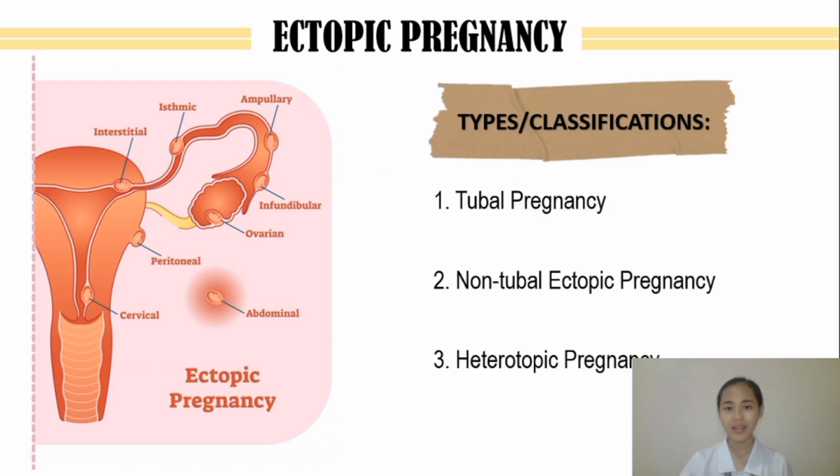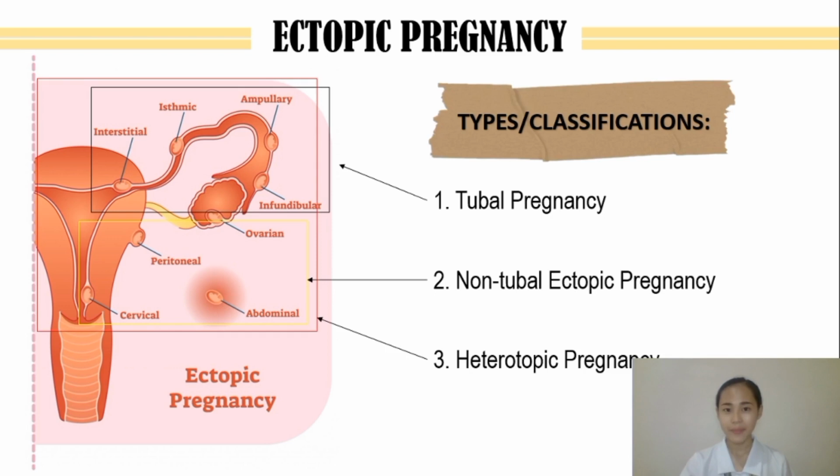First, the tubal pregnancy, the most common ectopic pregnancy, which happens in the fallopian tube. Second, the non-tubal ectopic pregnancy in areas such as the cervix, ovary, and abdomen. And lastly, the heterotopic pregnancy.